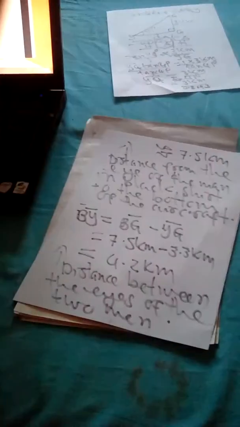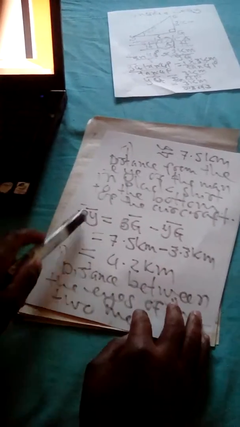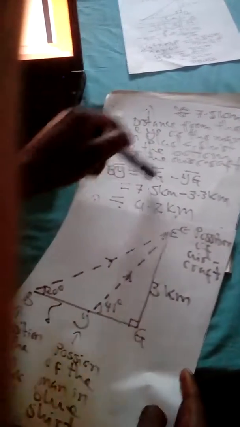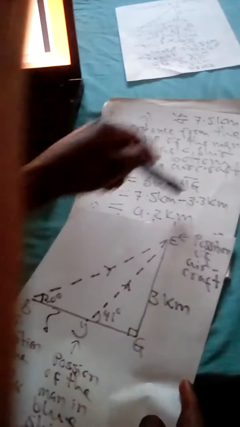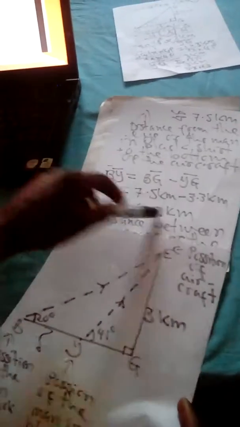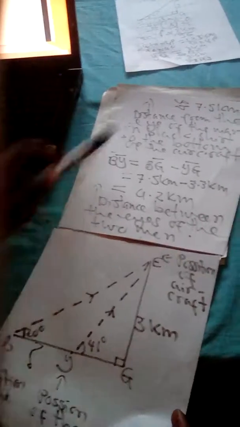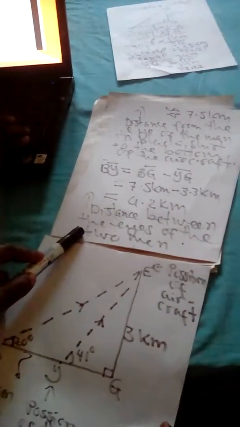To find it, you apply this statement here. BY equals BG less YG, and BG is 7.5 kilometers, YG is 3.3 kilometers. When you subtract 3.3 from 7.5, you obtain 4.2 kilometers. And that will be the distance BY, which is the distance between the eyes of the two men, the man in black and the man in blue shirt. Thank you.